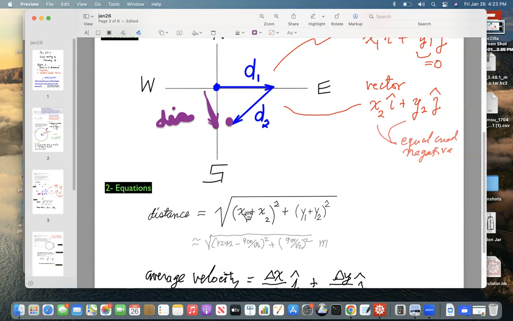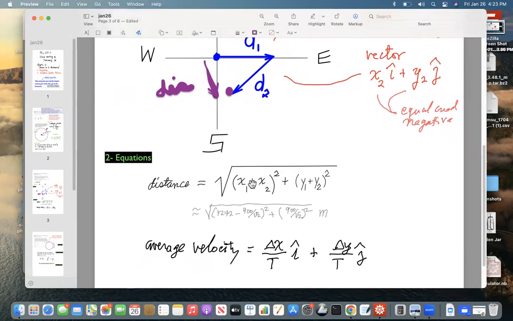And the length of the vector is the square root of delta x squared plus delta y squared. x1 was 1200 meters, y1 was 0. x2 was negative 900 over the square root of 2 meters. y2 was negative, put a minus sign here, 900 over the square root of 2 meters.